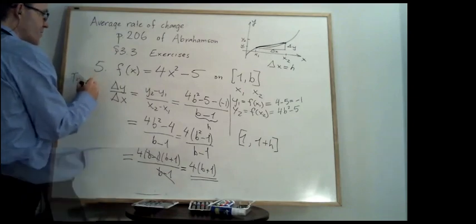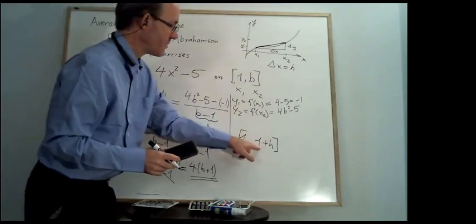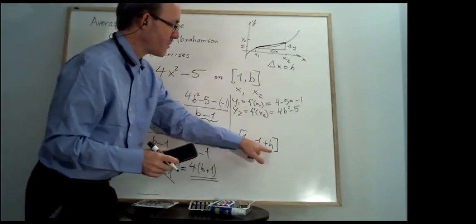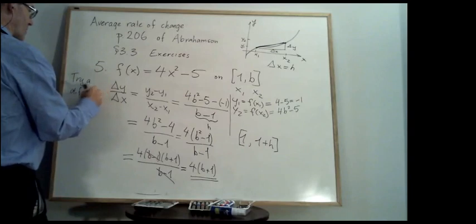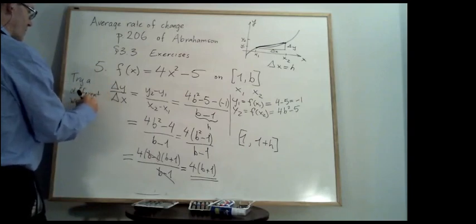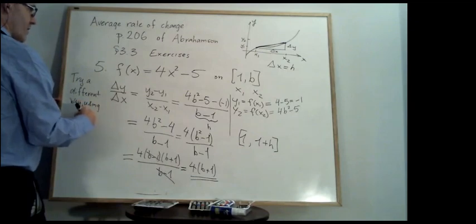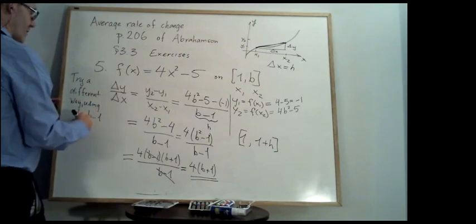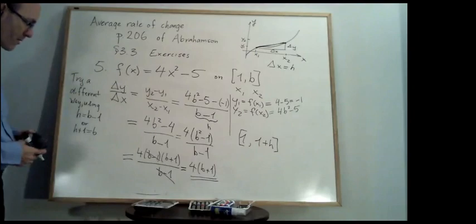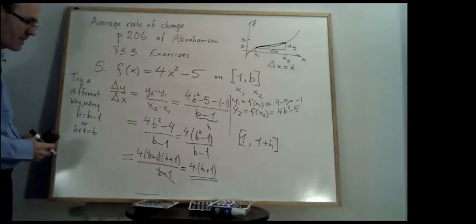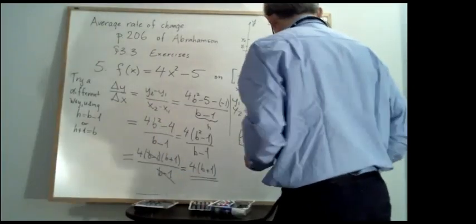So all we're doing is substituting for b. Instead of b, we'll substitute 1 plus h. They're just equivalent ways of writing the same thing. So then what happens here?